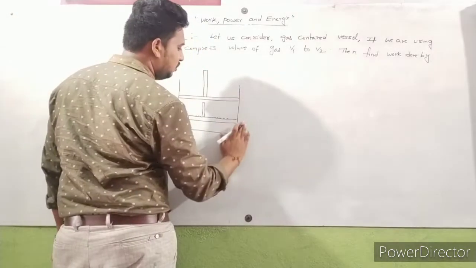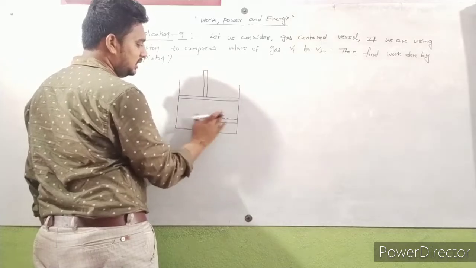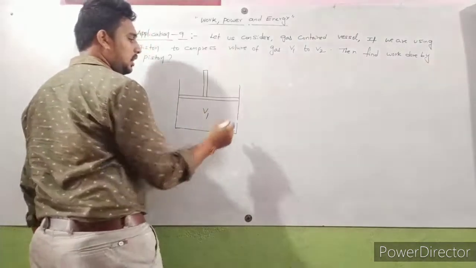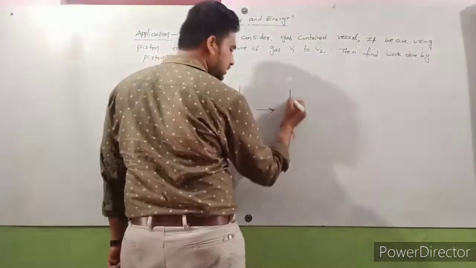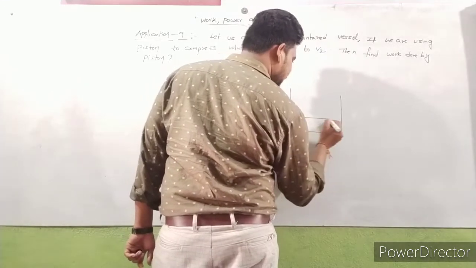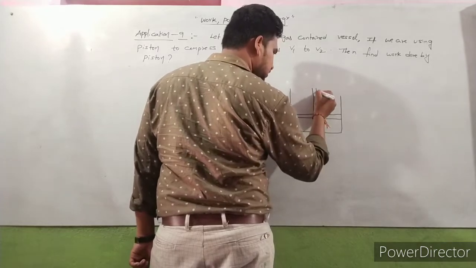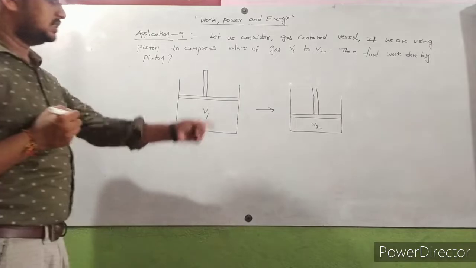For example, initially the piston is like this, so the volume is V1. After compressing, this is the position of the piston after some time, so the volume decreases here to V2. This is the volume V2.